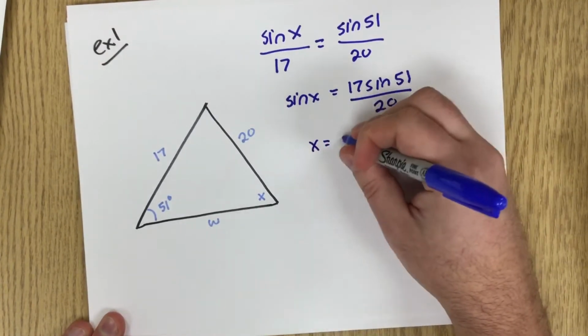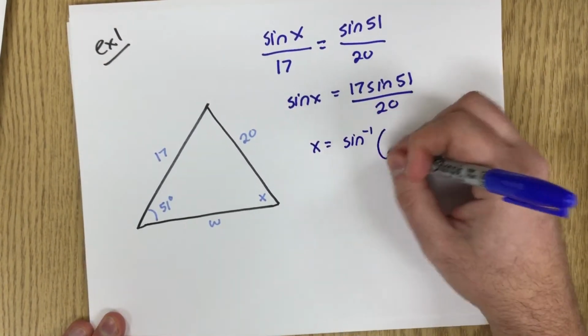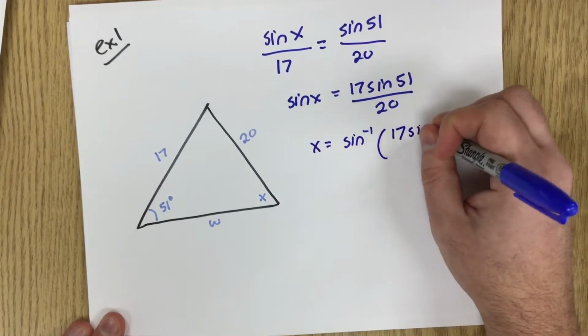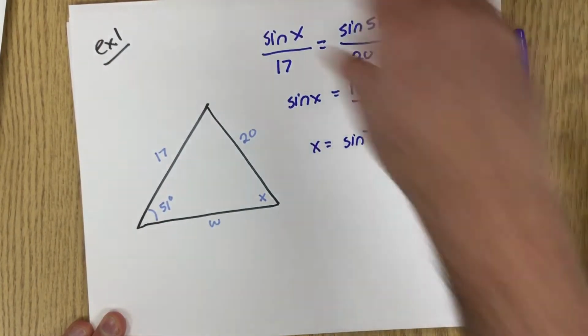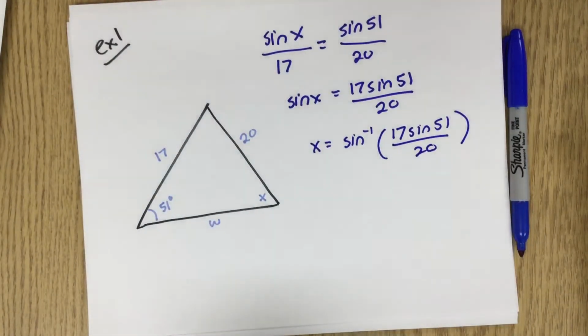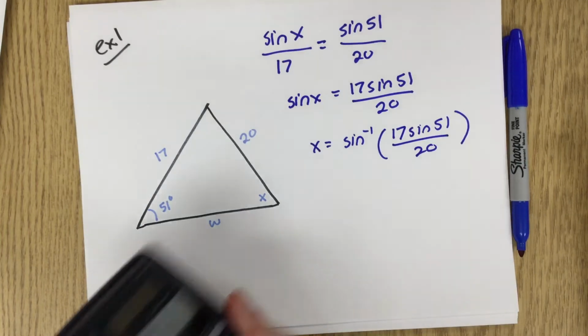And x is the inverse sine of 17 sine 51 over 20. So we're going to do 17 times the sine of 51 divided by 20, and then the inverse sine of that answer.